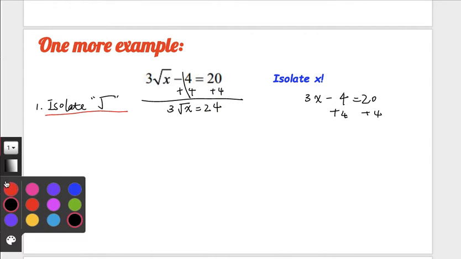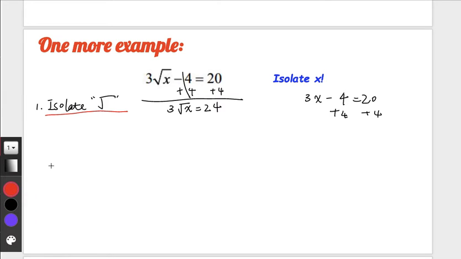Some students might wonder, how do I deal with 3? Can I minus 3 or divide by 3? Remember, when there is a number in front of a square root, there is actually an invisible multiplication. So in order to get rid of 3, we need to divide.